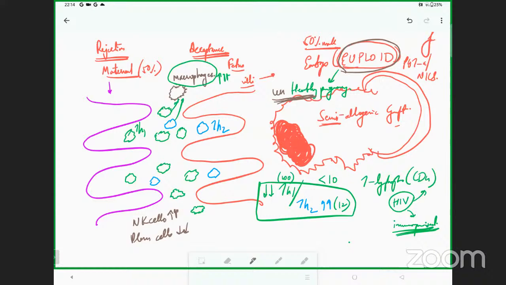So whenever you plan to use immunomodulators in your practice, you are basically trying to ensure that this balance is maintained nicely inside the uterus so that the euploid embryo can give rise to a healthy pregnancy.